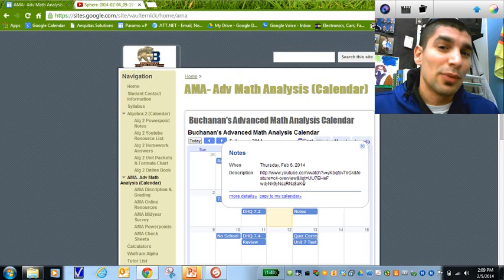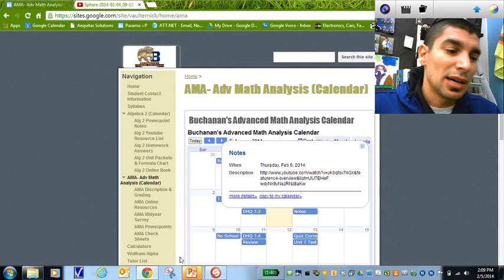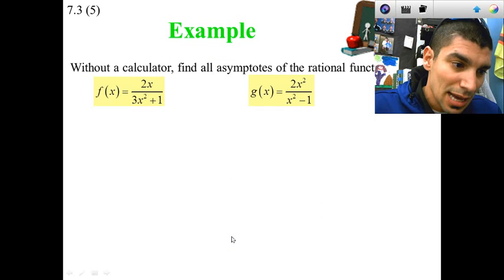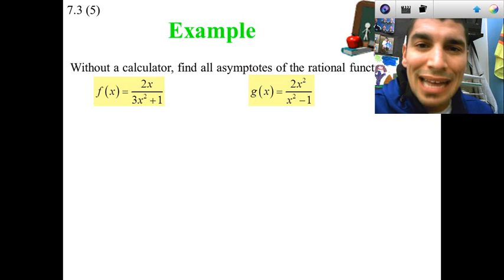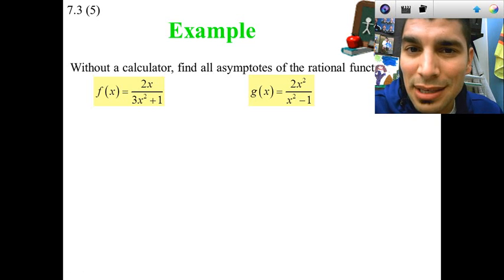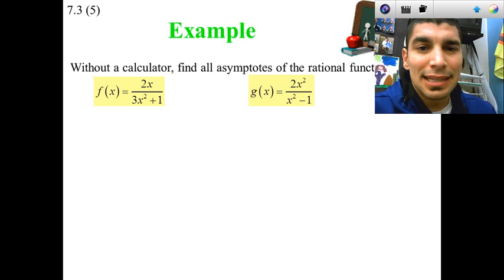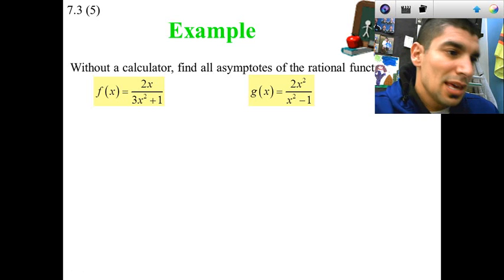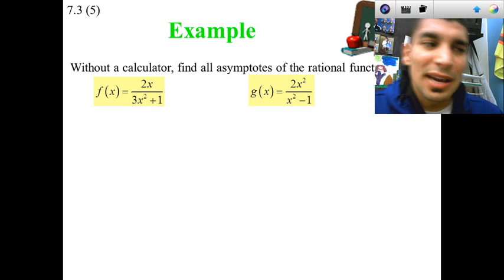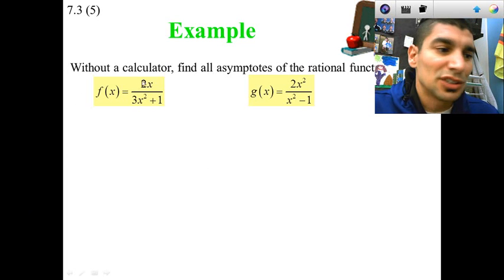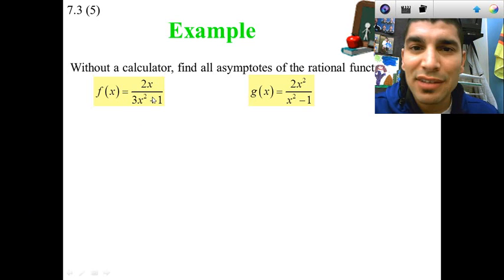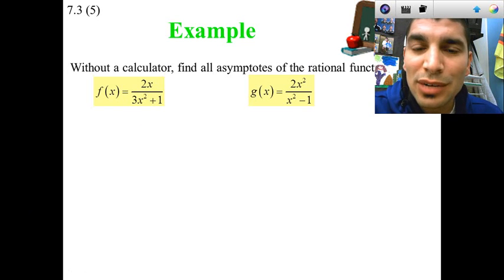So I want to get back to this, and I'll just go over one last example, and maybe you'll get this as we go through. Notice that this question says, without a calculator, find all asymptotes of the rational function. When I look at this, it had everything to do with the highest degree of the numerator and the highest degree of the denominator.